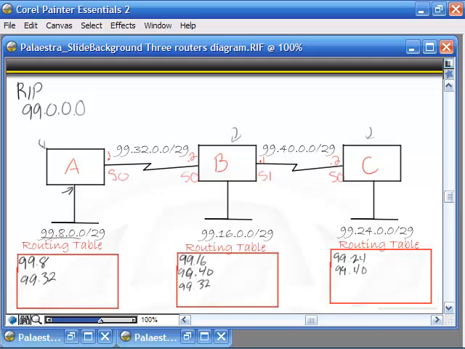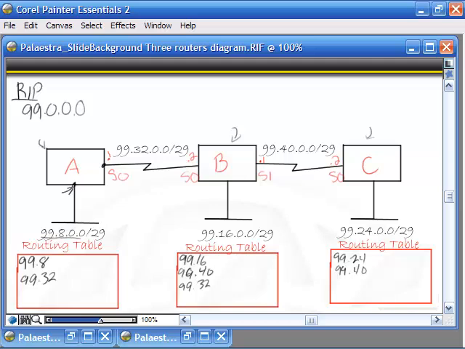Any interface on the router that is a part of the 99.0.0.0 network will participate in the RIP routing protocol, meaning they'll share information with other routers based on the set of rules specified with Routing Information Protocol.